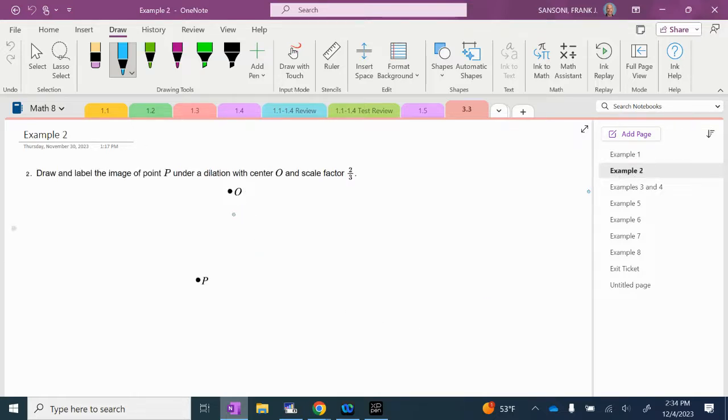It says, draw and label the image of point P under a dilation with center O and a scale factor of 2/3. So what is the distance from O to P? From O to P. 3 point what? 3.6?